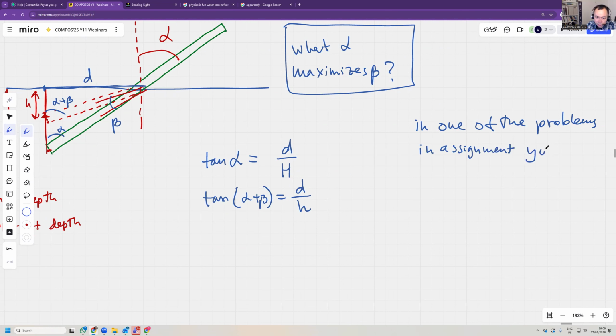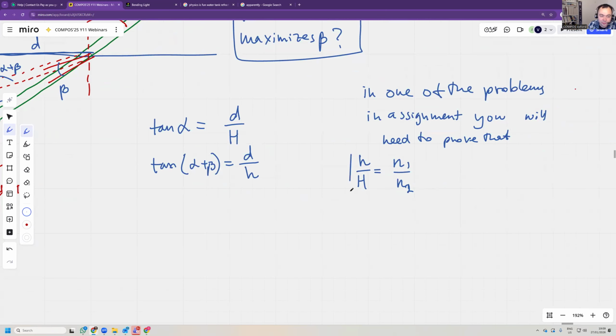You will need to prove that h, the apparent depth divided by the true depth, is n1 divided by n2, the ratio of the refractive indices.